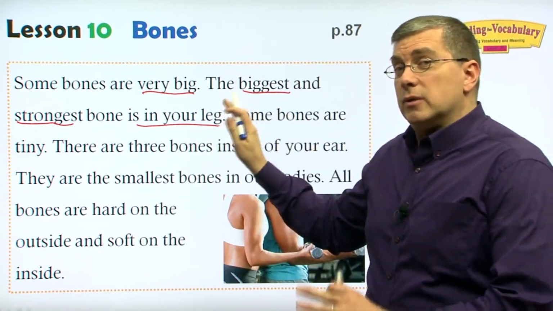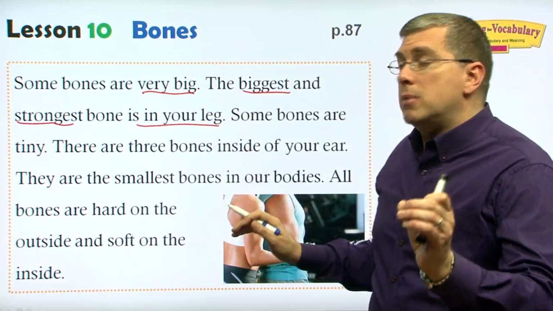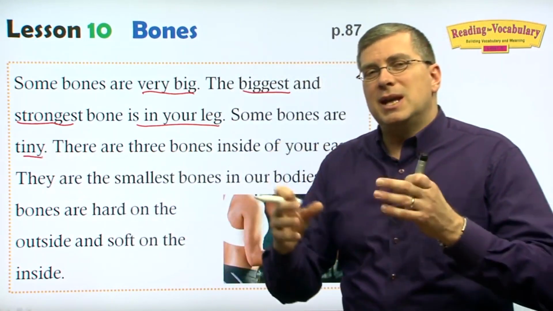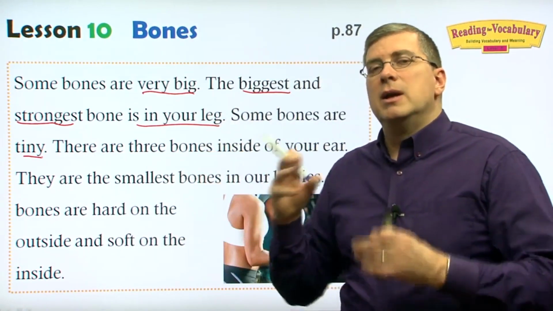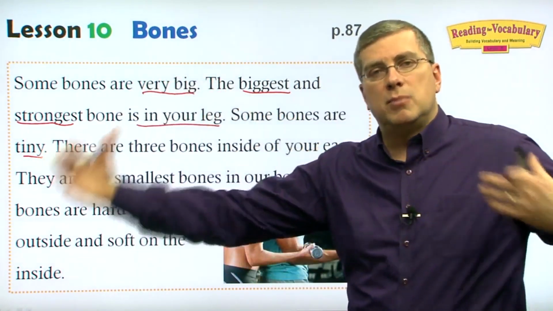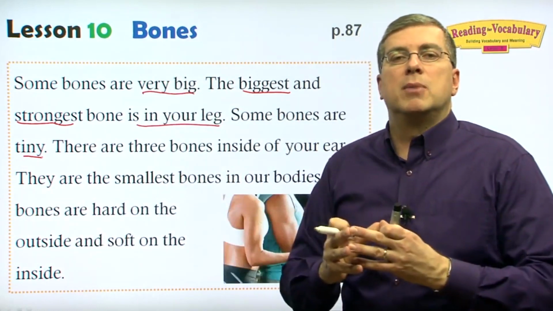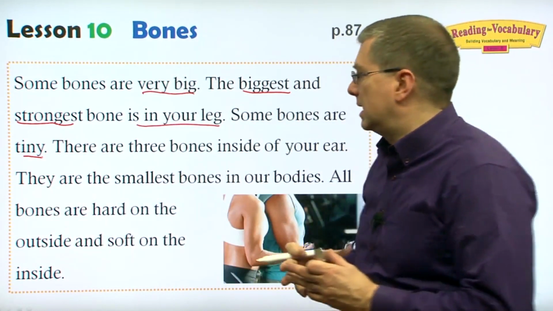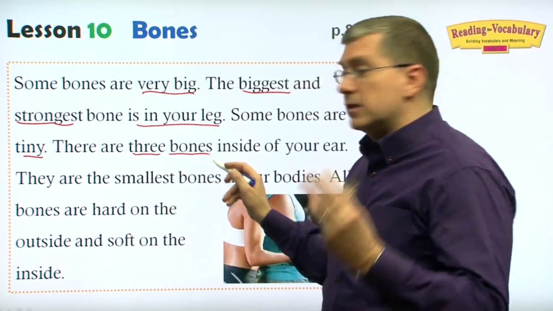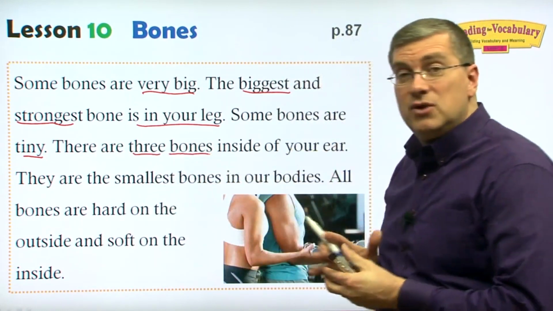Now, those bones are big and strong, but some bones are tiny. So, remember at the beginning of this passage a few slides ago, we were talking about different shapes of your bones, right? So we see that some bones are big and strong, some bones are small and tiny. Where are those bones? There are three bones inside of your ear.